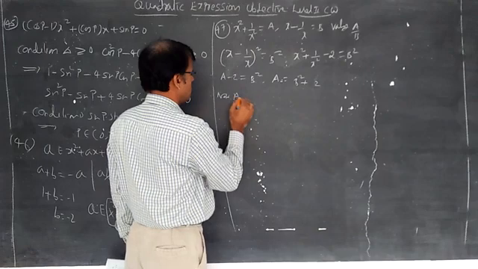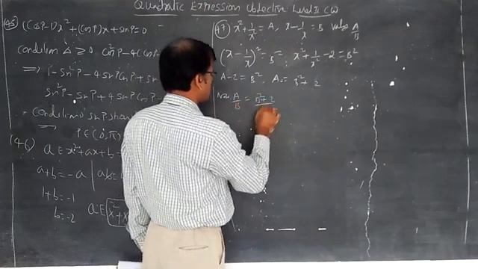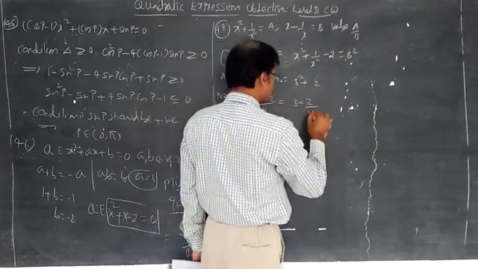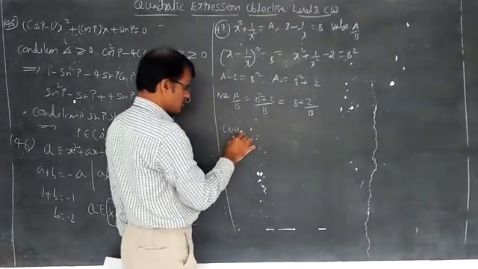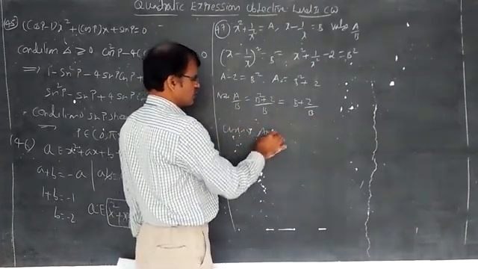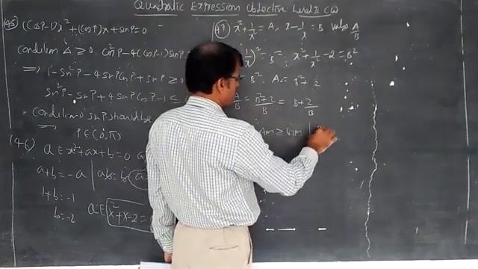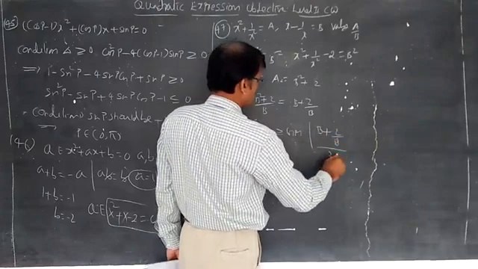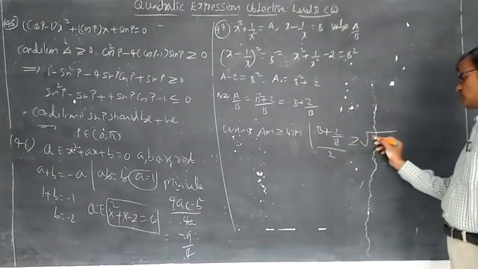Now a by b is equal to b square plus 2 by b. You can write this as b plus 2 by b. Now, using the AM greater than or equal to GM concept, b plus 2 by b are two terms, so b plus 2 by b is greater than or equal to root of b into 2 by b.